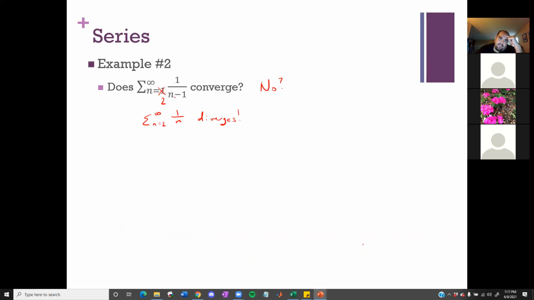So we believe that this series that I gave you diverges, and we were thinking we could compare it with 1 over n. So I really want to know about 1 over n minus 1.